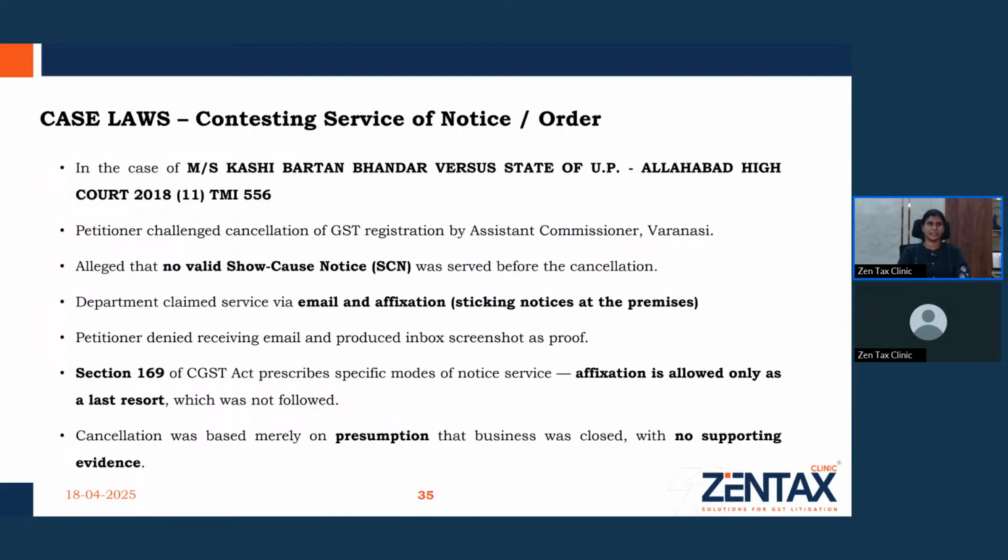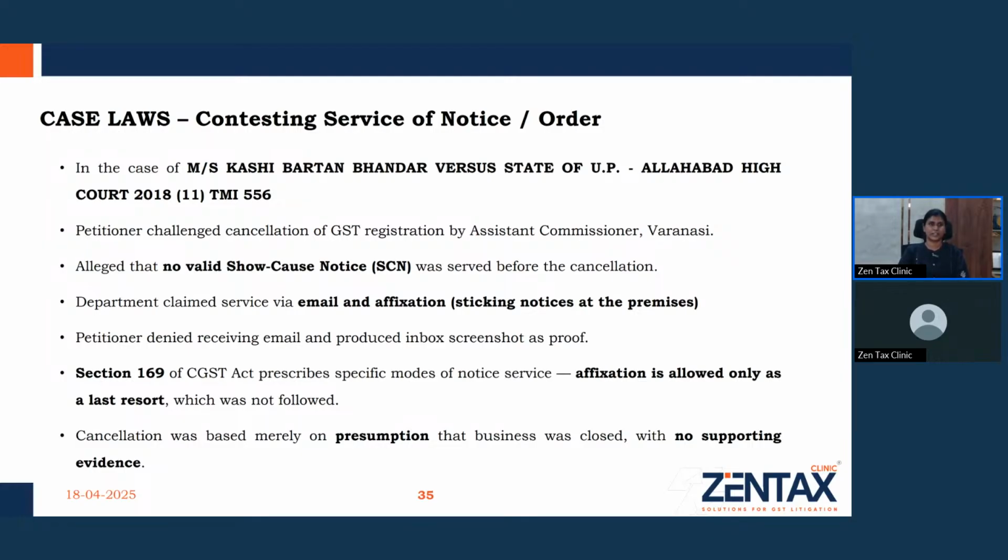Here, the petitioner has challenged the cancellation of registration by the Assistant Commissioner. The petitioner says that no valid show cause notice was served to them before the cancellation. However, the department has claimed that they sent the notices through email and affixation, that is, sticking notices at the premises.